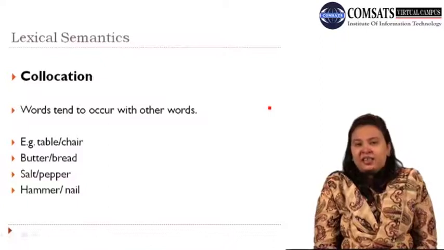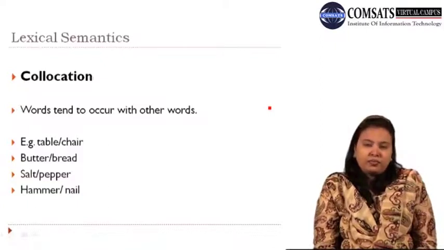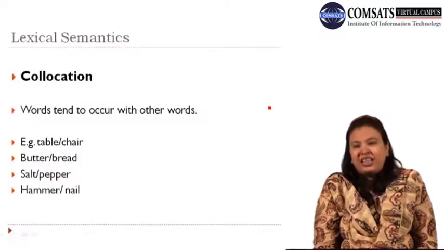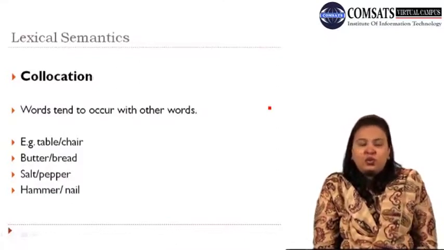Next in lexical semantics we have collocation. What is meant by collocation? Words that tend to occur with other words. These words tend to occur with each other. For example, table chair.